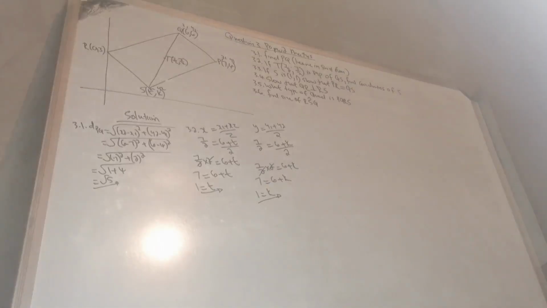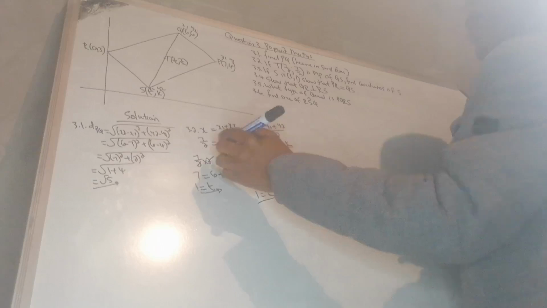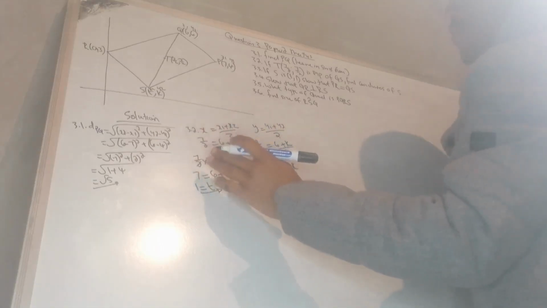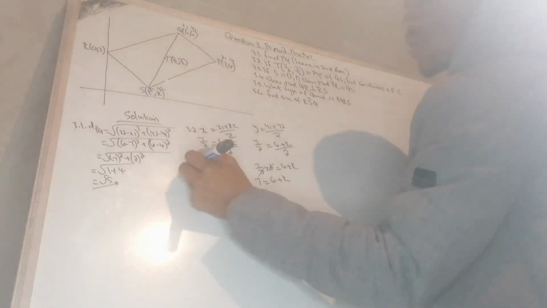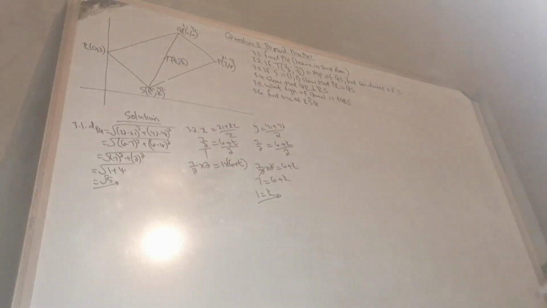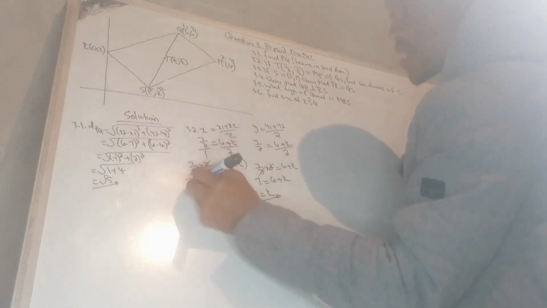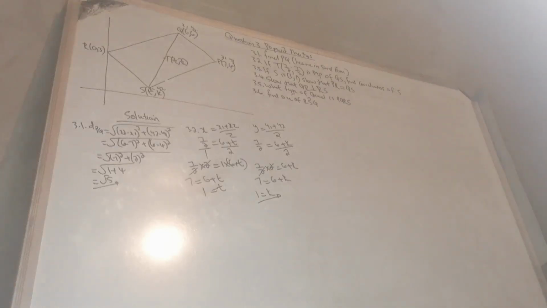Are we fine? Okay. Now we cross multiply the x part too: 7 times 2 equals 6 plus t, which gives t equals 8.